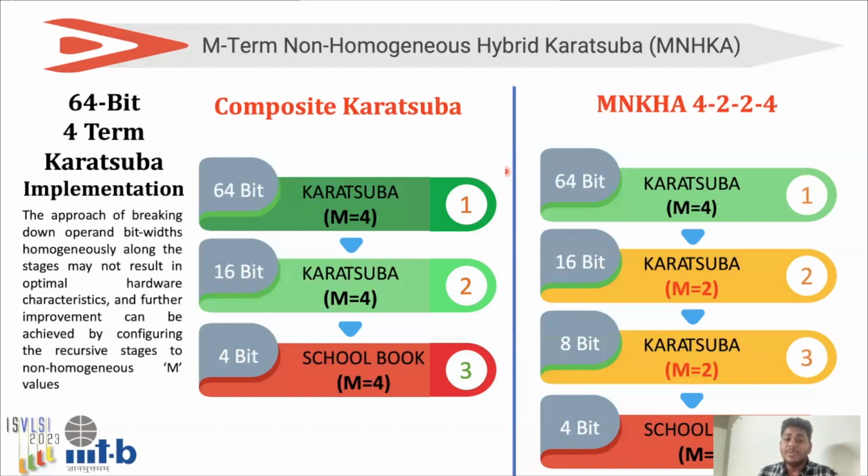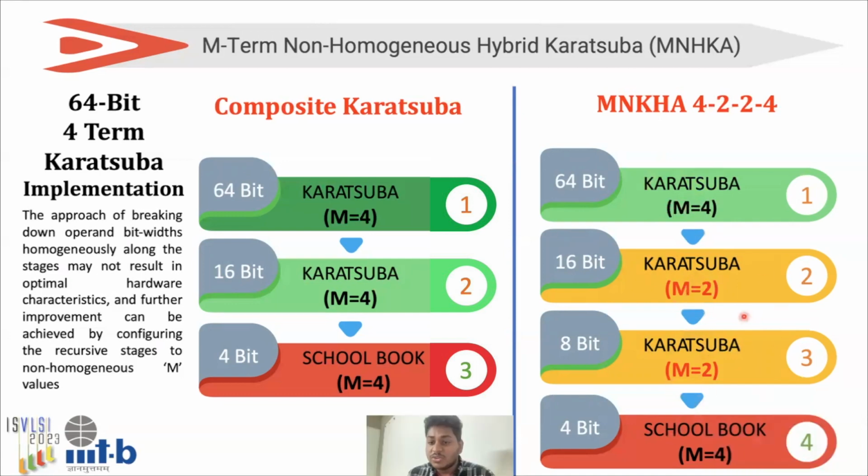We can further improve the characteristics by configuring the recursive stages to non-homogeneous M values like we did here. Here you can see the M values down the stages are not constant. We started with 4, 2, 2, 4. This is a multiplier of 64-bit MNHKA for the sequence 4224.